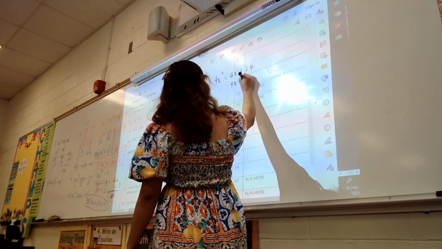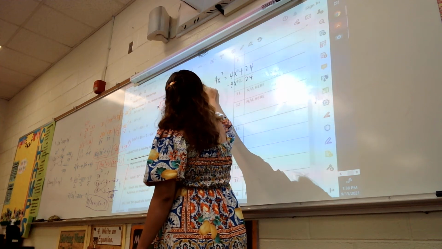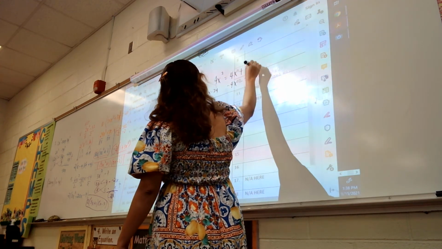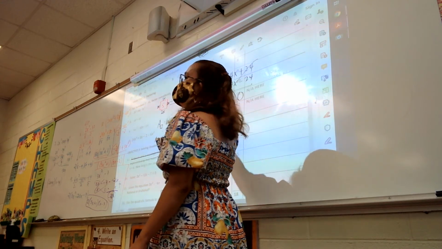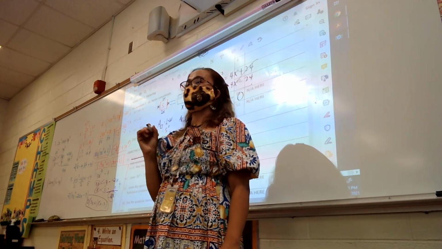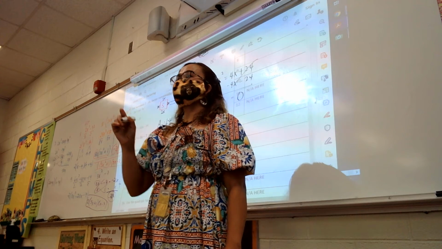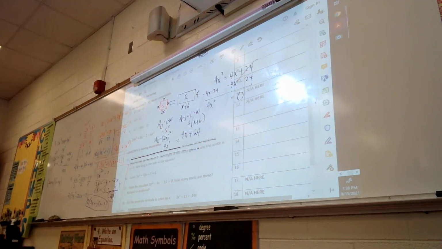Subtract 4x, subtract 24 from both sides. Why don't you just subtract 4x squared? It's because I hate a negative coefficient for a. It would be hard for you to think of a factor if you do that, unless you are using the quadratic formula. Does it make sense?